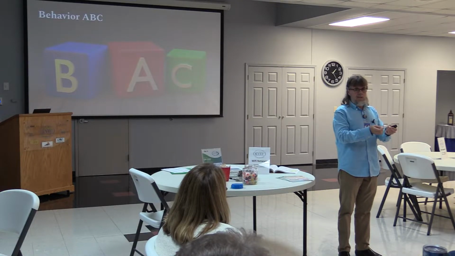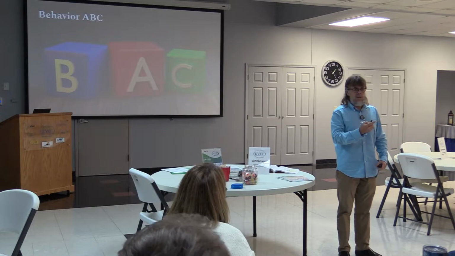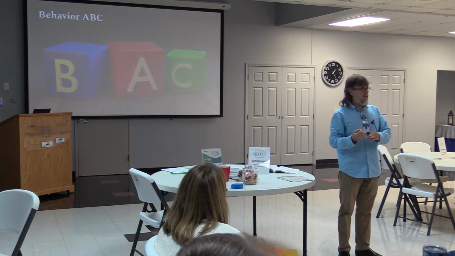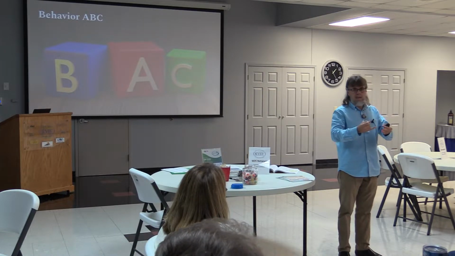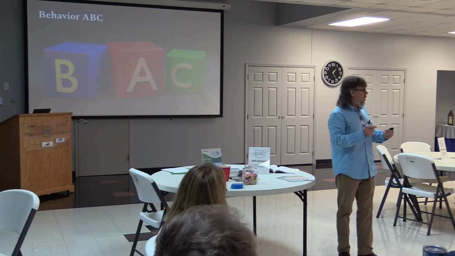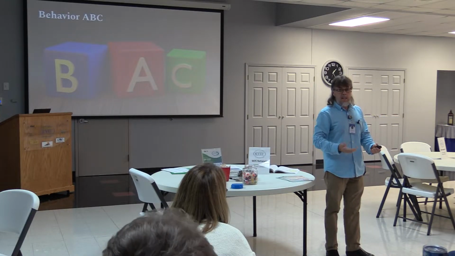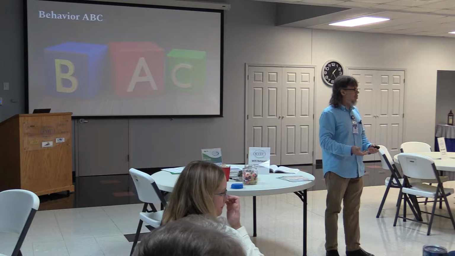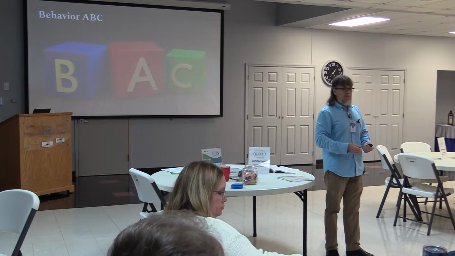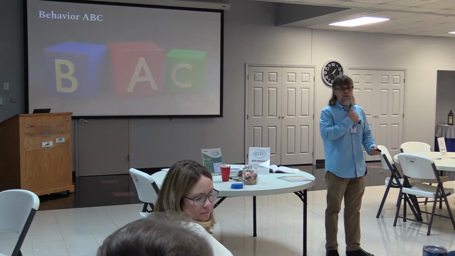I saw little Dougie throw the book across the room. That was the behavior. That's all we're focusing on. Well, why? What was the antecedent? What triggered that? What caused that to happen? Antecedent happens immediately before that behavior. Maybe Miss Brenda gave him a math book or an assignment that was too difficult, and he couldn't do the assignment, so he slung the book across the room.